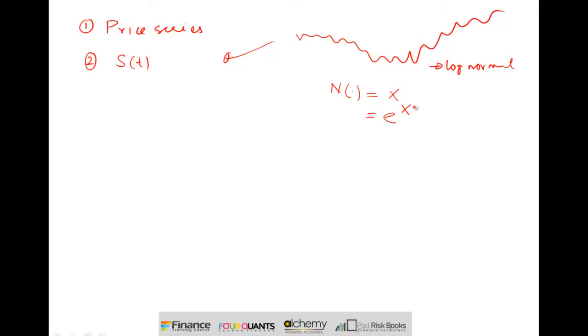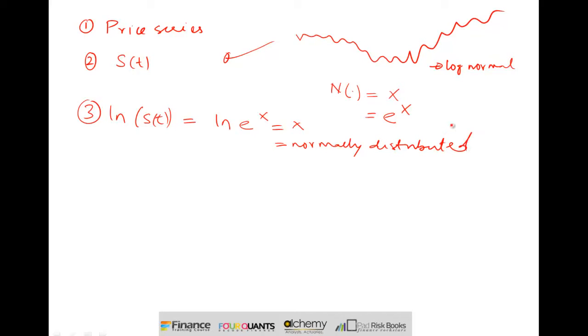Now, the second assumption that we make is that ln, the natural log of S of t, which is log normally distributed, is ln of e^x, which is x, which is normally distributed.